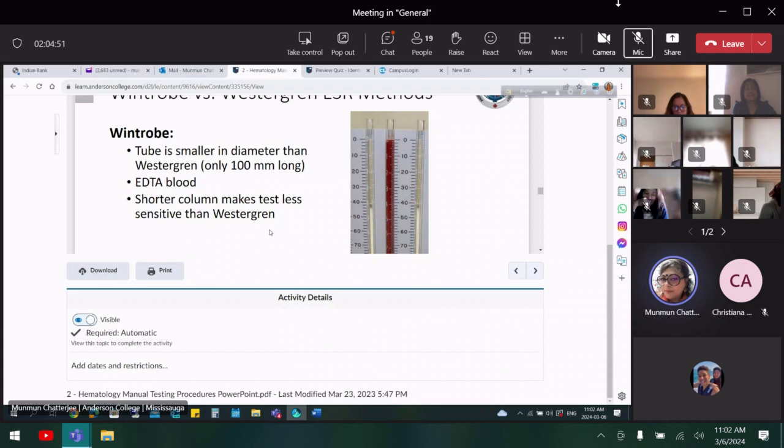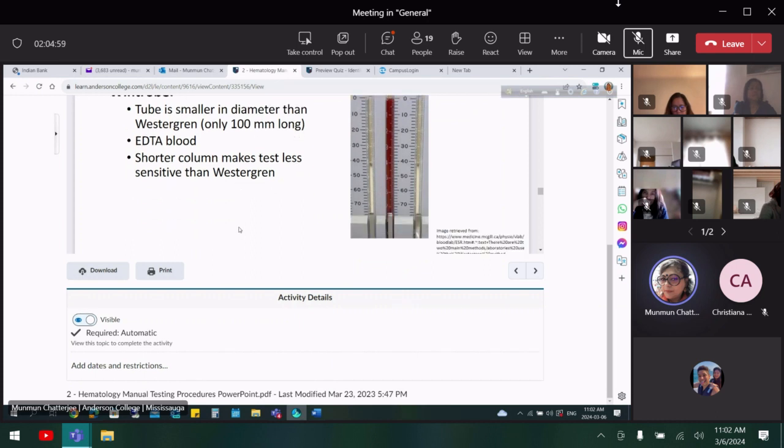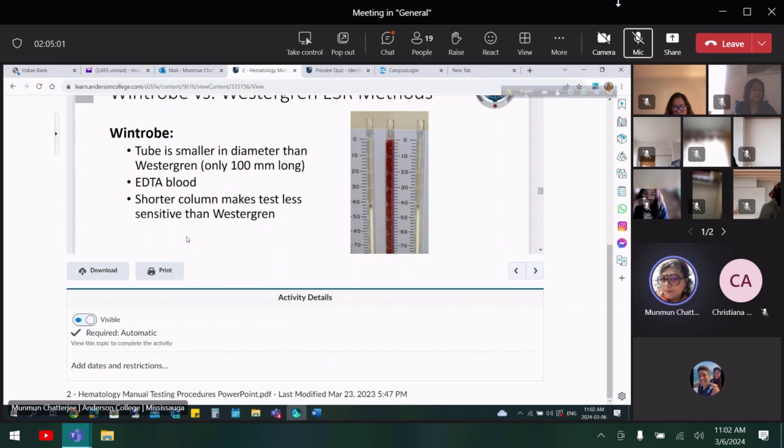That's why nowadays the Westergren is used, because it's 200 millimeter long and it can give you a better result. So the Wintrobe tube is less sensitive as it is shorter in length.